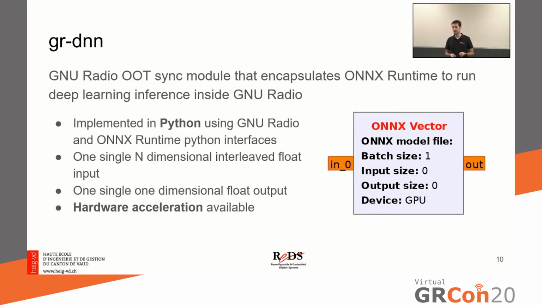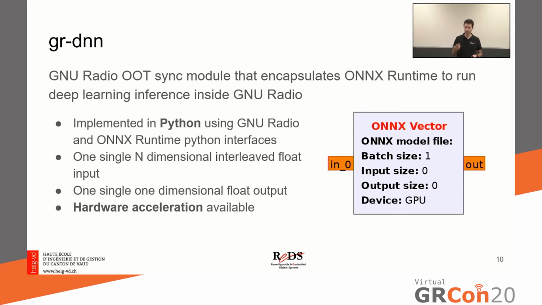So now this is what we did. We have implemented a new GNU Radio out-of-tree module that we call gr-dnn, DNN for Deep Neural Network. It's a sync block. That means that it will produce one output for each input, basically.